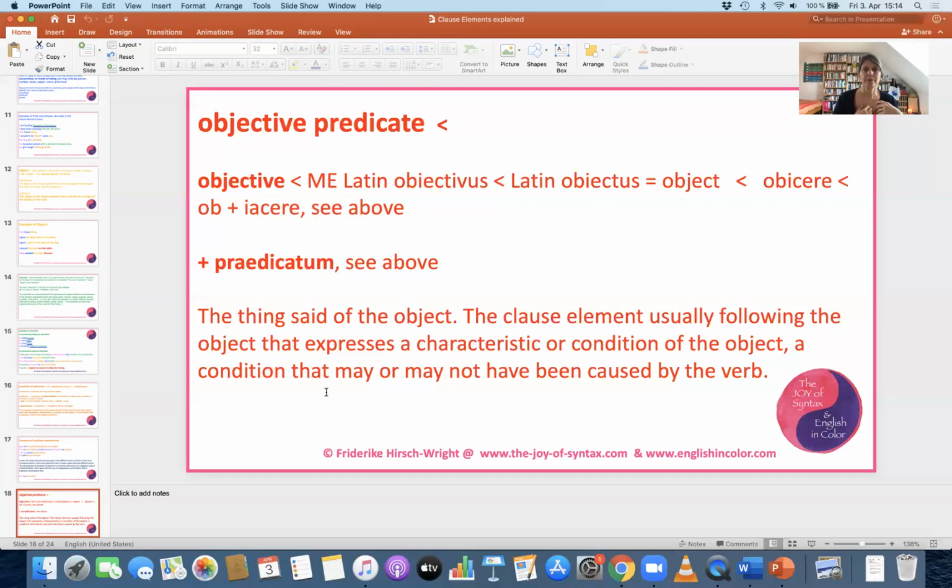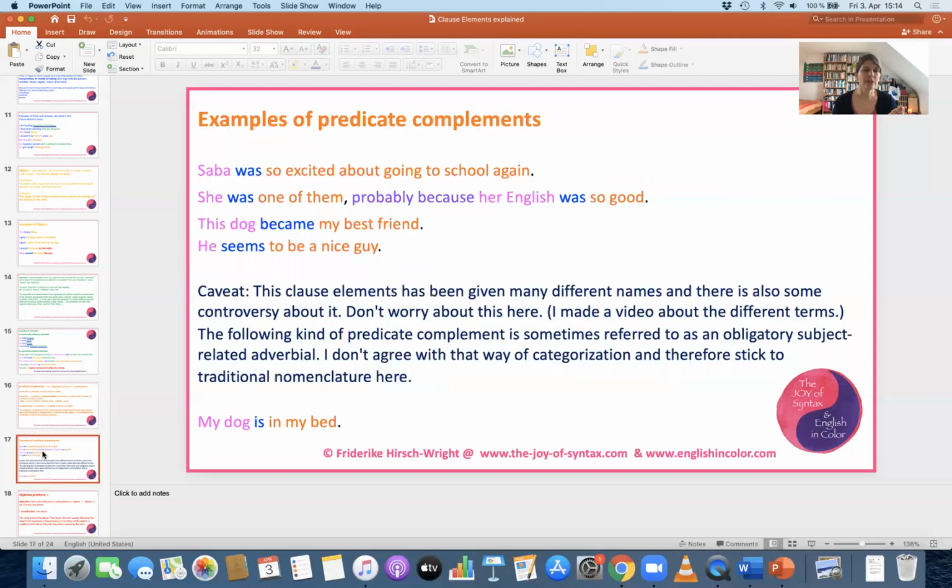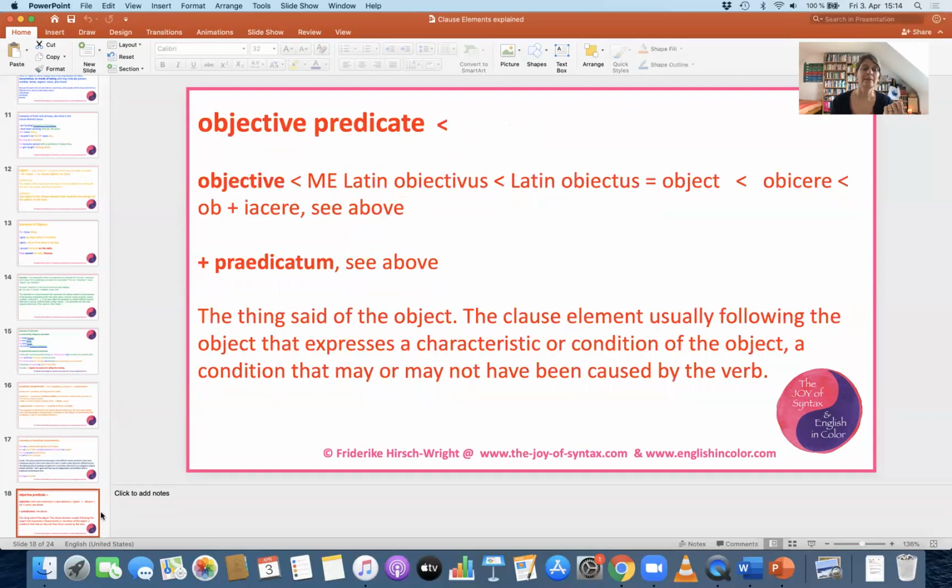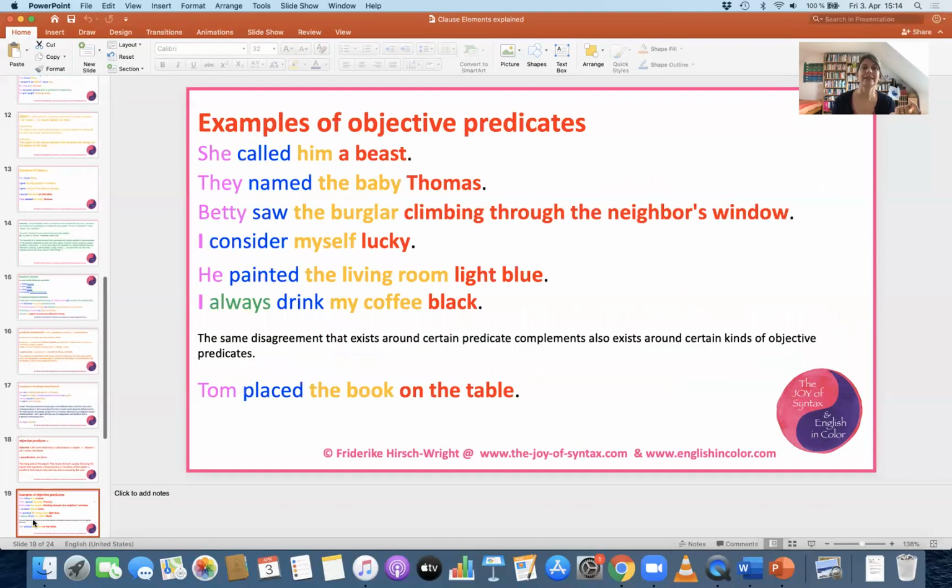And the relationship between object and objective predicate is basically the same as the relationship between subject and predicate complement. So just as the predicate complement says something about the subject, so the objective predicate says something about the object, and I'll explain that more.